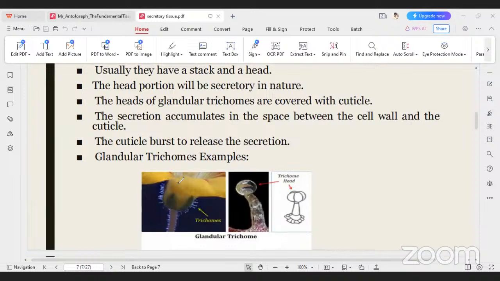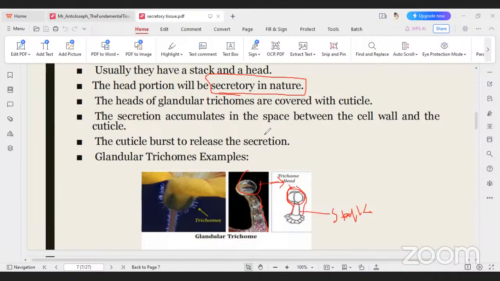Glandular trichomes are structurally made up of two parts, the stalk and the head. This part is called the stalk, and the globose terminal part is called the head. The head portion is secretory in nature. The secretory substances are secreted by the head portion. The head of glandular trichomes is covered with a cuticle layer, externally.